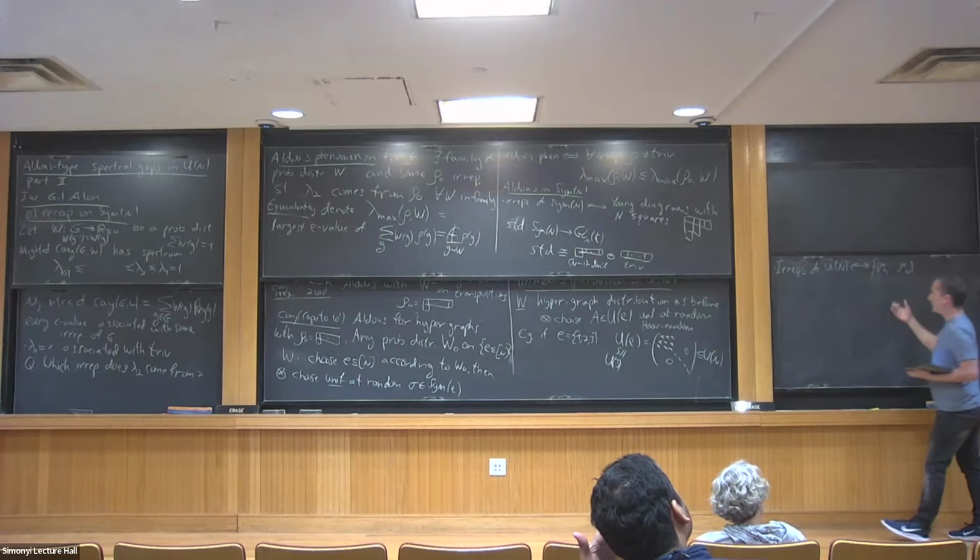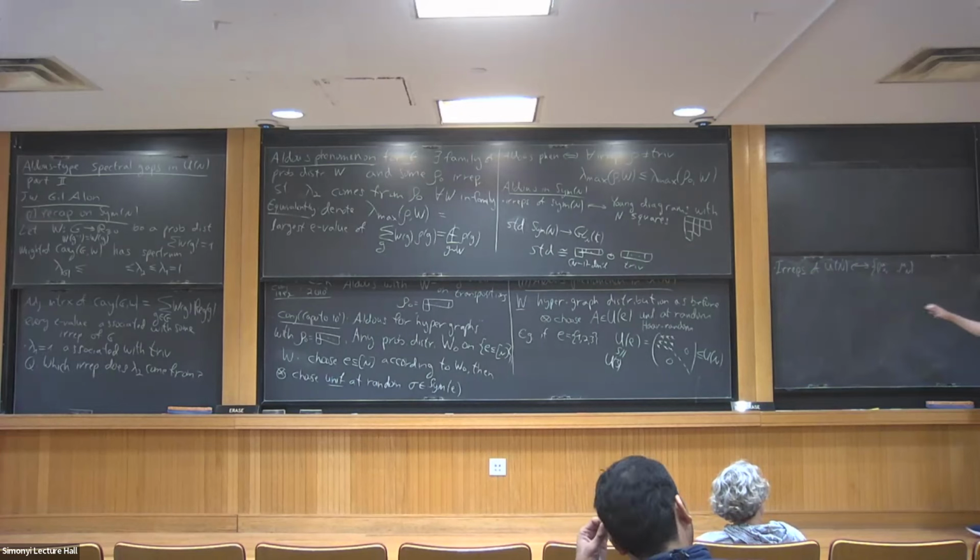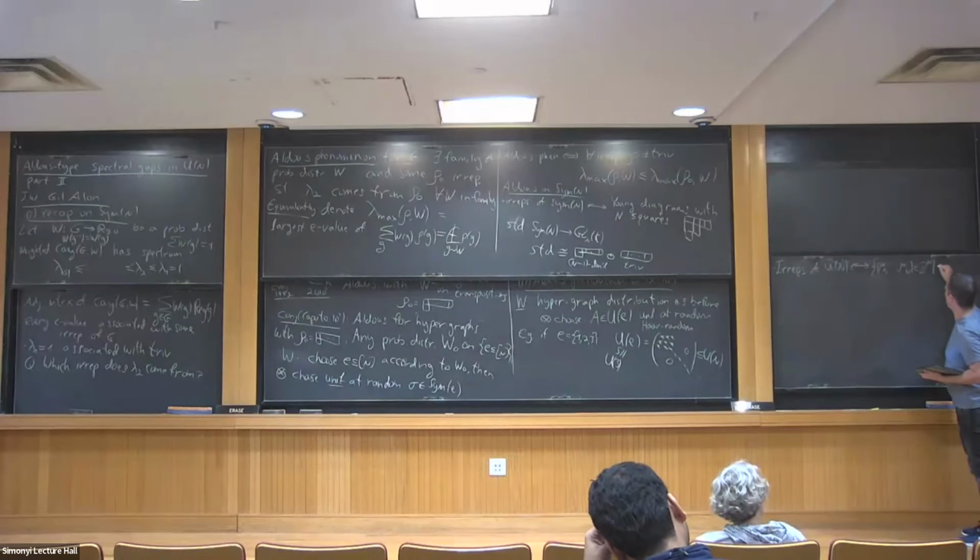So for every irreducible representation of U(N), there's a name which is given by n integers, which are non-decreasing. There are infinitely many of them for every n.